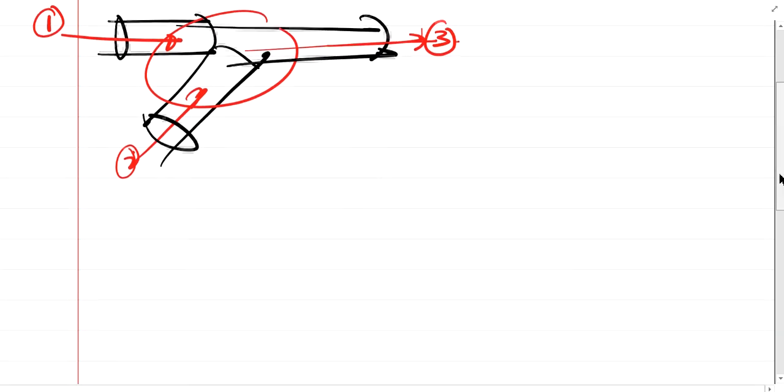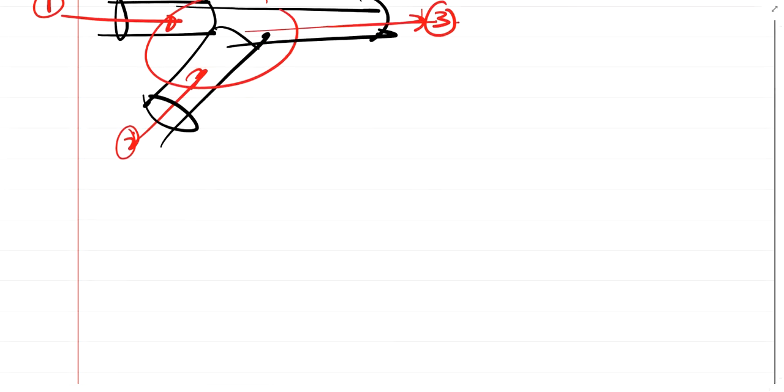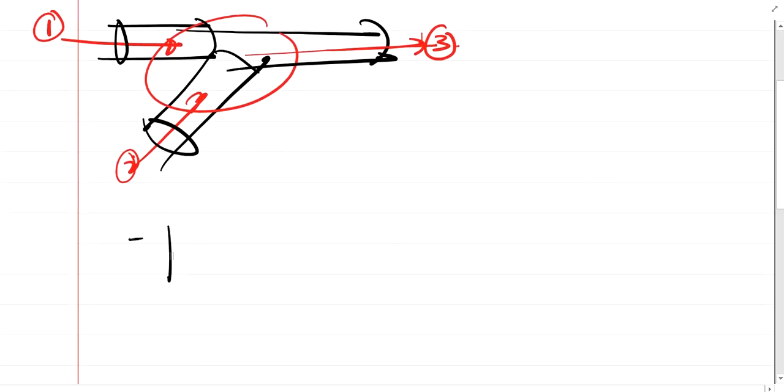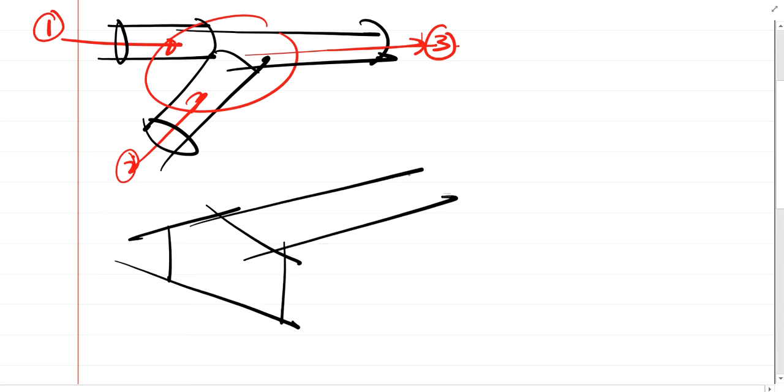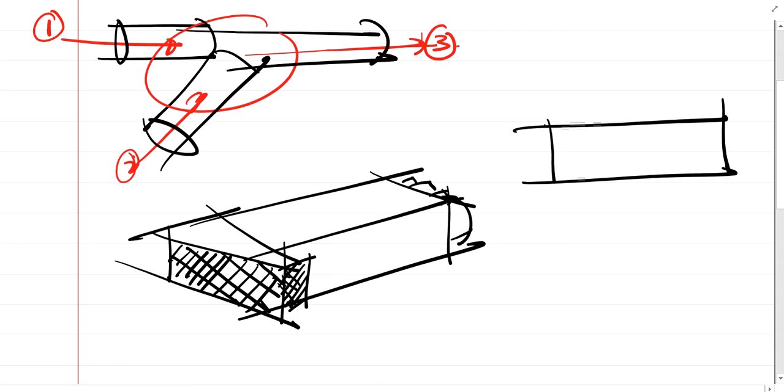That's one way, but this mixing process can also be modeled for infiltration air. Let's say here's a tunnel ventilated poultry house, and we have evaporative cooling pads on this end, and on the other end we have ventilation fans. So in top view, this is the pad end, and right here we have the ventilation fan.